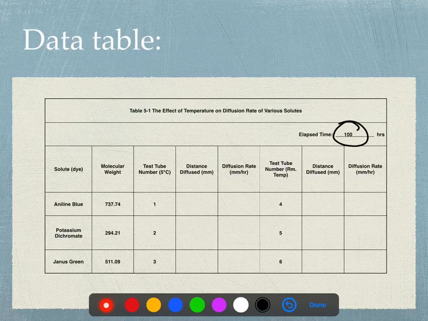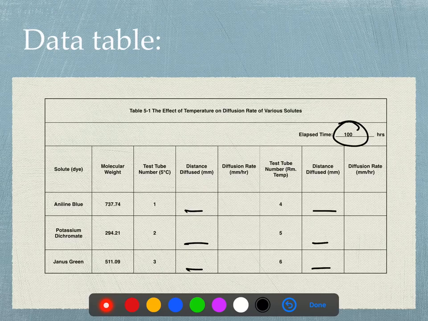Okay, so let's put the data in there now. Find this table in your lab now, and I want you to record the 100 hours that we allowed the tubes to diffuse, okay? And then let's take note here of the distance that each dye traveled into the tube. I'm going to give you this data so that you can then process it and answer some questions yourself.